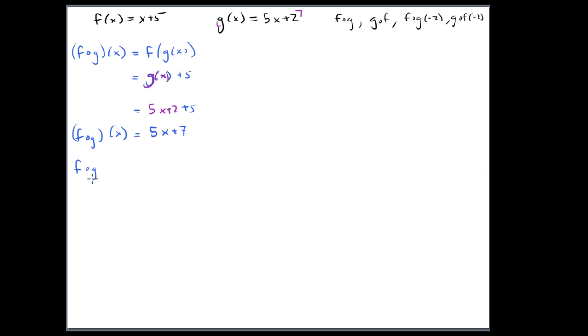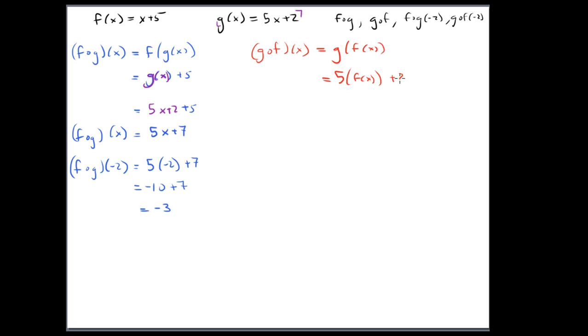And f of g of negative 2 is 5 times negative 2 plus 7. So that's negative 10 plus 7. That's negative 3. Cool. Let's do g composed with f of x. That's g of f of x, which is 5 times f of x plus 2.